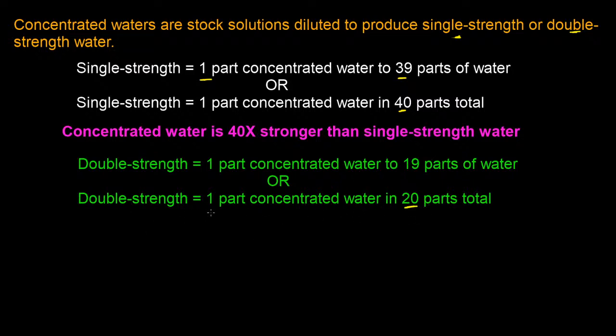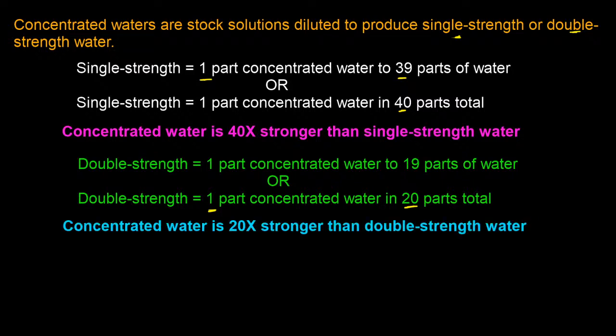The other way to capture that is you have 1 part of concentrated water in a total of 20 parts. Here again, the relationship between your concentrated water and your double strength water is a 20 times relationship. So your concentrated water is 20 times stronger than your double strength water. These are things you want to have stenciled in your mind.